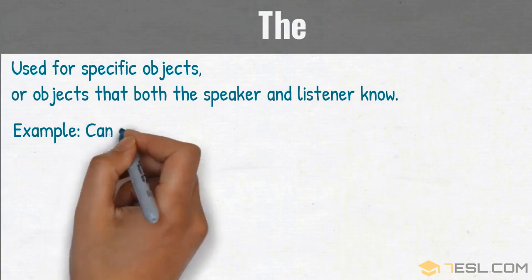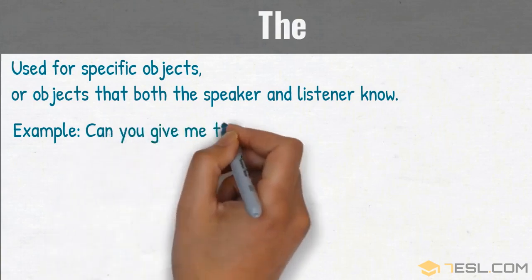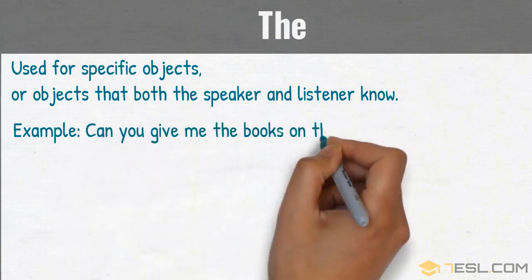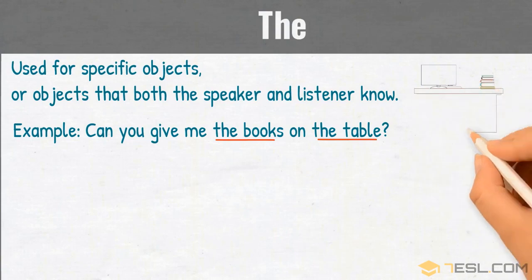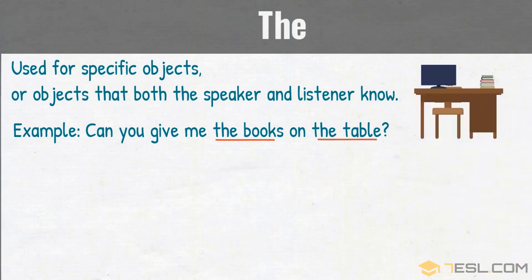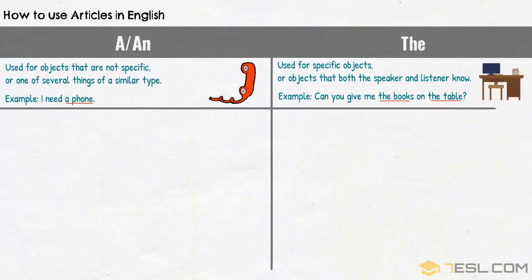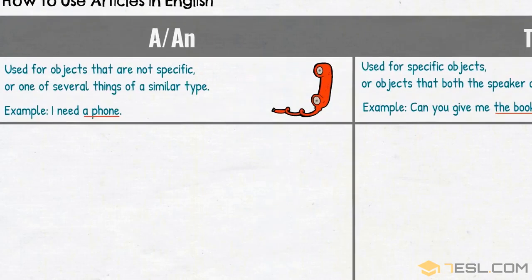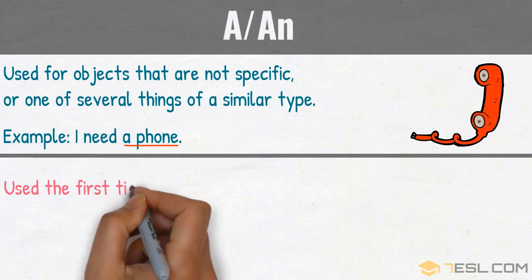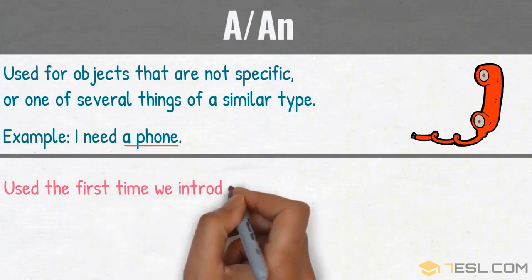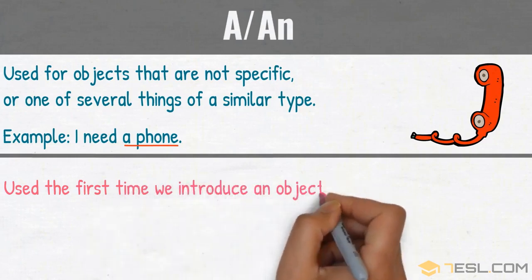Example: Can you give me the books on the table? A and an are used the first time we introduce an object.